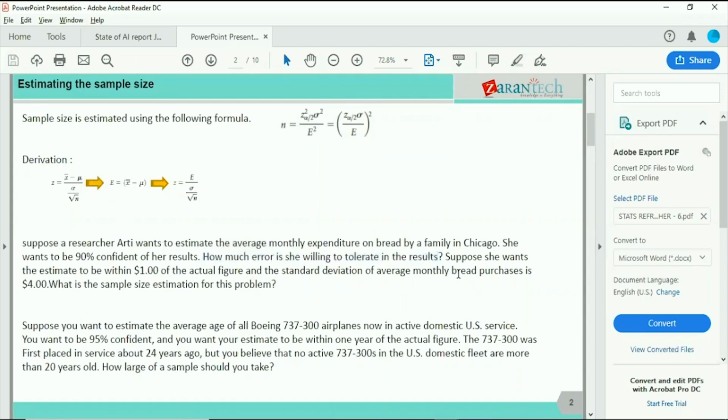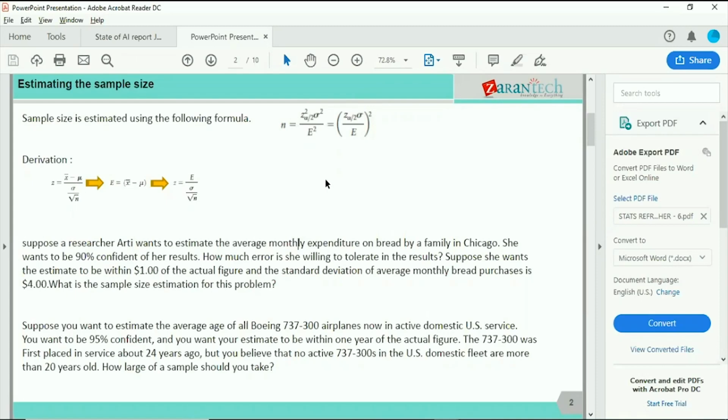And then suppose she wants the estimate to be within $1. So what do you understand by estimate to be within $1? What is $1 here? If you remember the graph that we were studying, it's a normal graph, and then there is a mean.